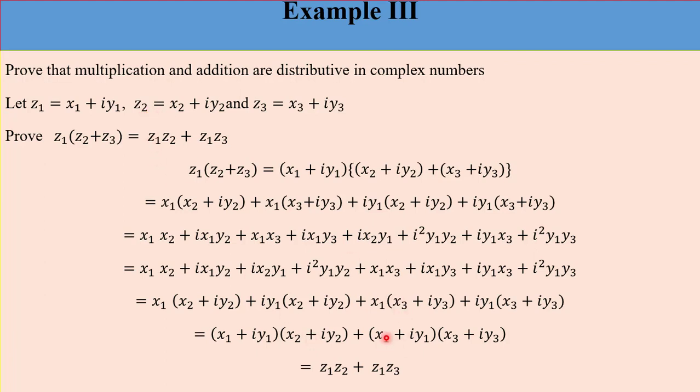Then this term here is equivalent to z1, and this second term here is equivalent to z3. So we shall substitute z1z2 plus z1z3. We can clearly see that this is equal to this expression. So from this we have proved that the complex numbers are distributive.